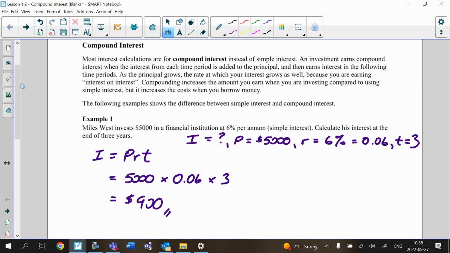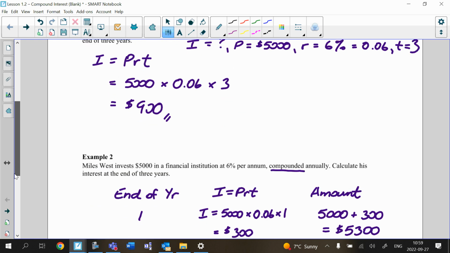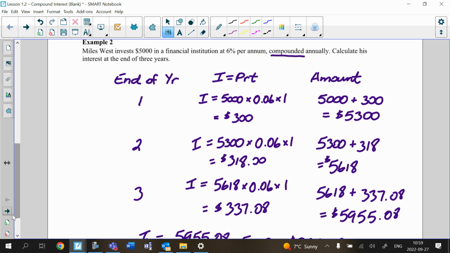Now, this is a pretty long way to figure out to use compound interest. We have a formula we can use. And this is a formula that I strongly suggest you put on your resource sheet. It's a little bit more complicated than the simple interest formula.